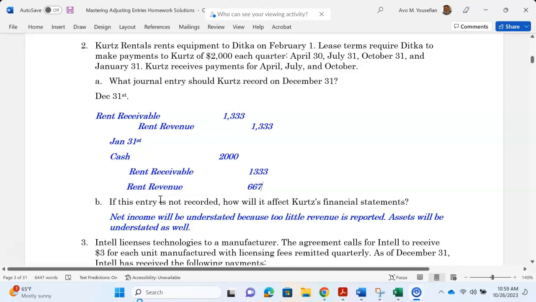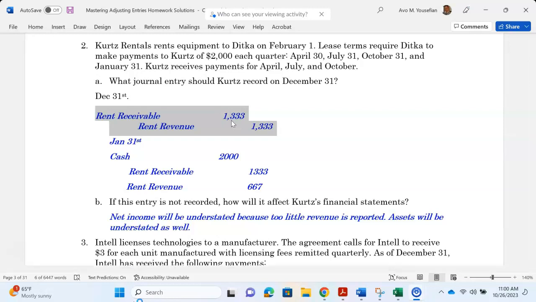If this entry is not recorded, how will it affect Kurtz's financial statements? So if you don't record this receivable in the balance sheet, your asset will be understated. Okay?